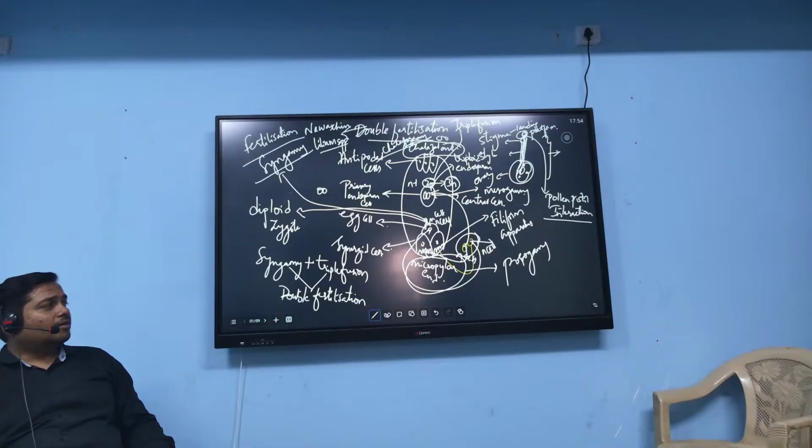And if the gametes are released near the chalazal end, and they enter from the antipodal cell and reach the central cell or the egg cell, that time it is called chalazogamy. Depending upon the position where the gametes are released and from where they are entering, that condition is called porogamy, mesogamy, and chalazogamy.